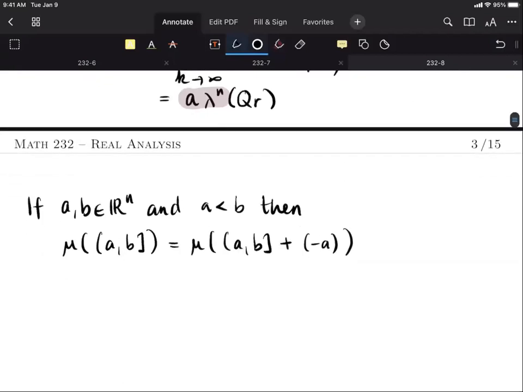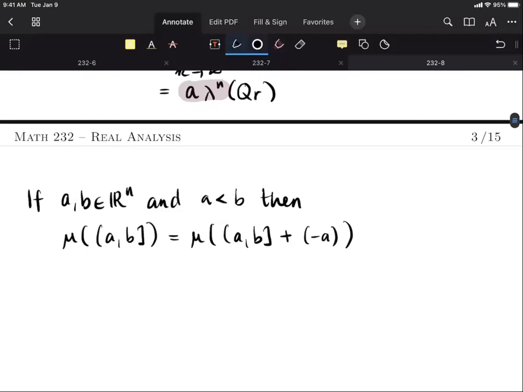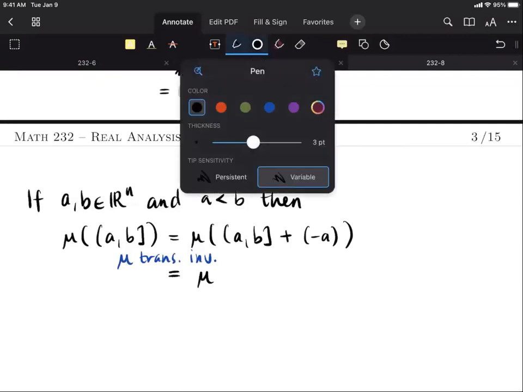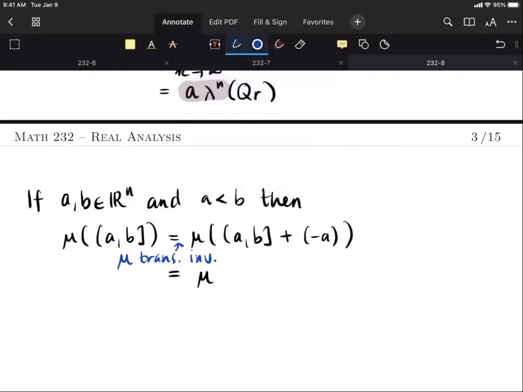So we translate it with respect to negative a. So applying the translation invariance of mu, you have this one. Here this equality is due to the translation invariance.